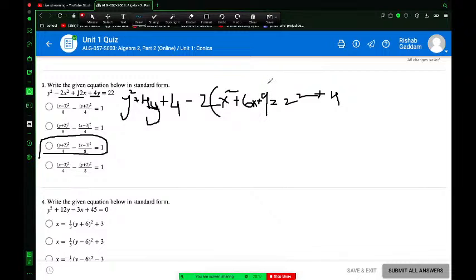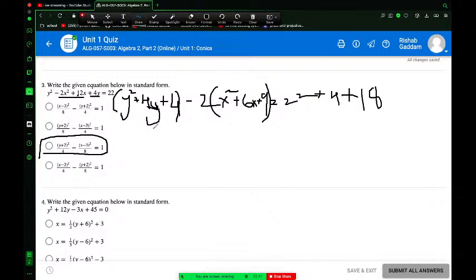Since this is inside the times 2, we have to add 9 times 2 to this side also to keep the equality. So 9 times 2 is 18, so we add 18 over here, and as you can see, this is a super chunky, complicated problem already.